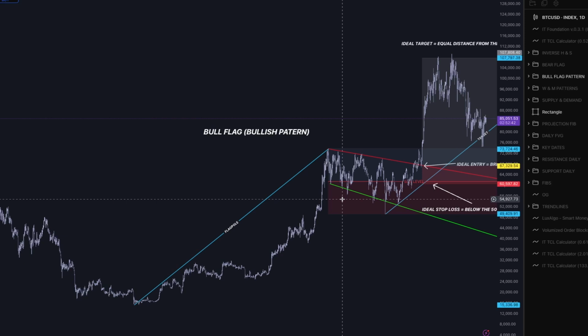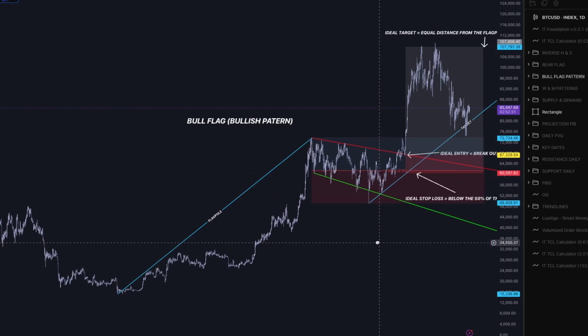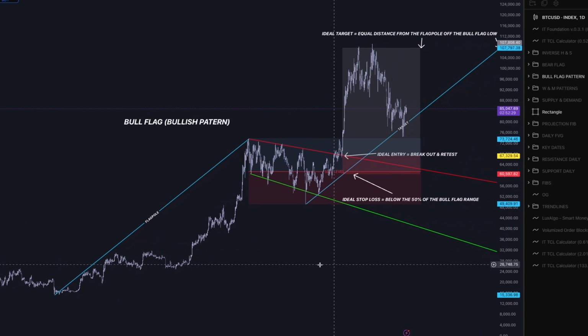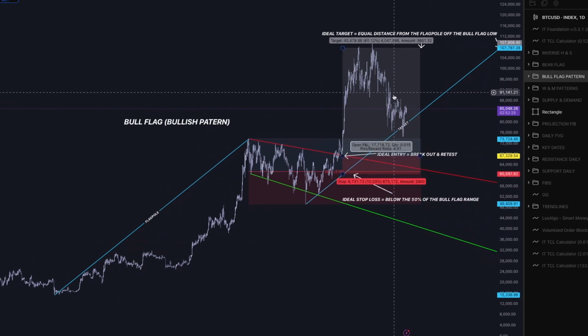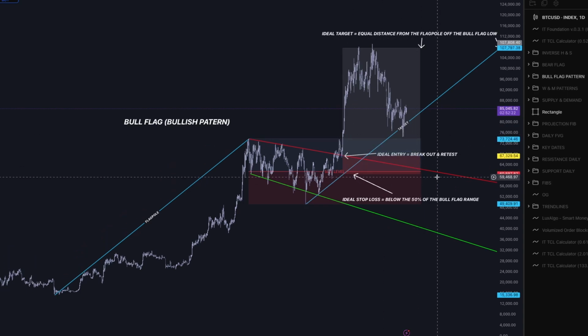It's quite common for you to have 3 drives down. You can see we have this one drive, 2nd drive, 3rd capitulation drive down, and then we started to grind out of the flag. Now, trading this, it's best to wait for the breakout and get in on a retest.